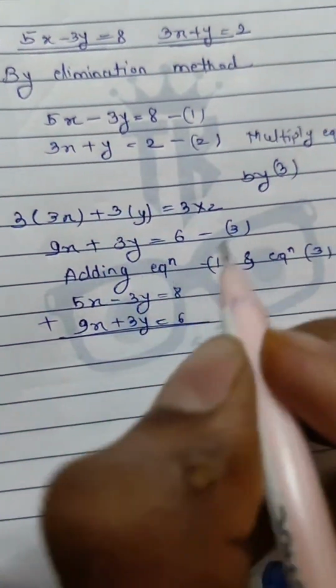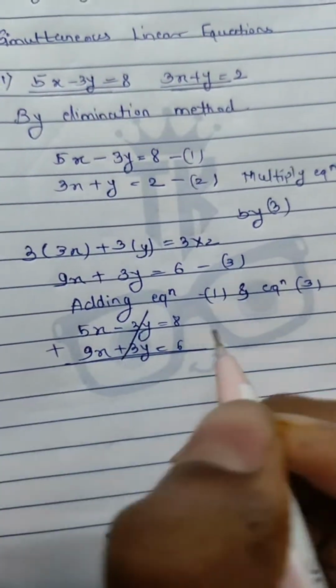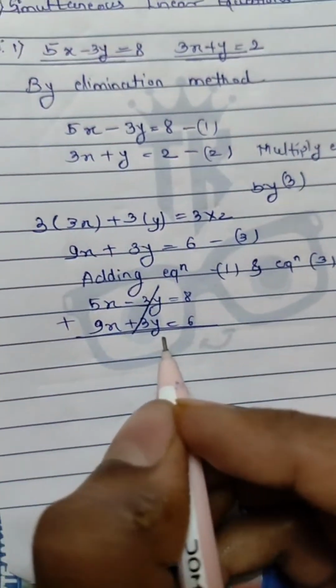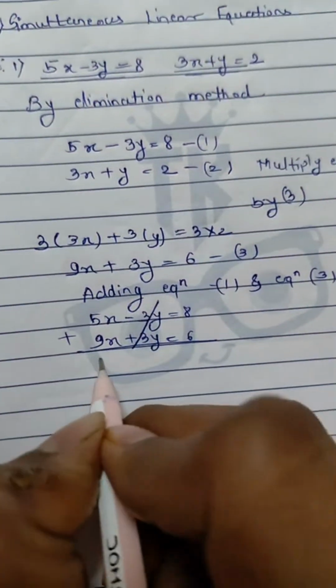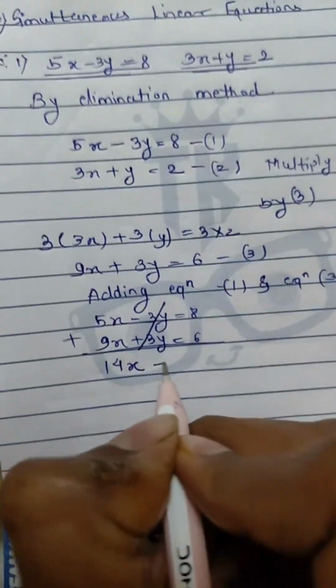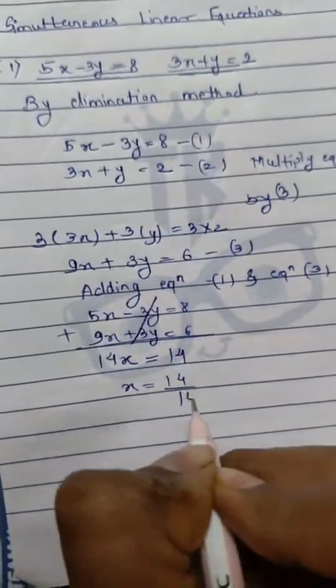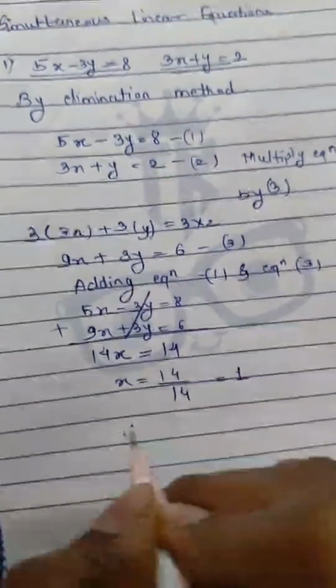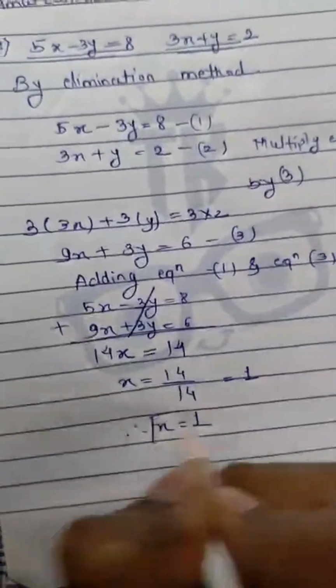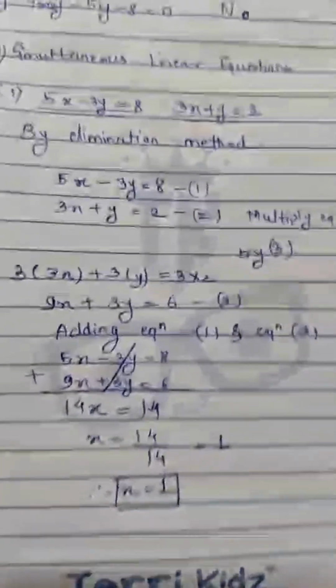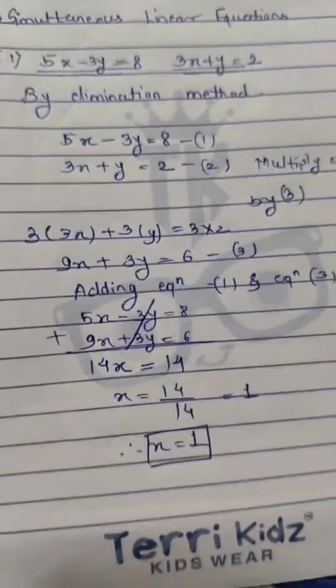Here plus 3y and minus 3y get cancelled, and we get 5 plus 9, 14x is equal to 14. So x is equal to 14 divided by 14, which is equal to 1. Therefore x is equal to 1.